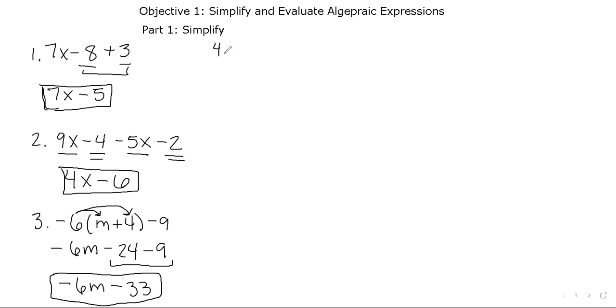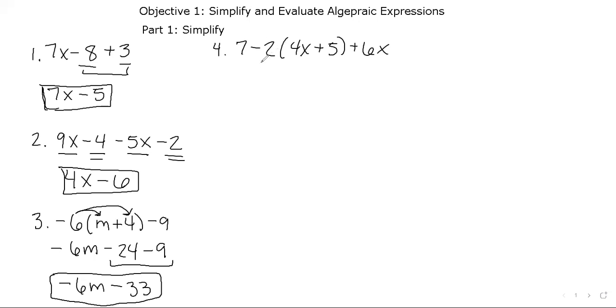Let's move on to number 4. We have 7 minus 2 times 4x plus 5 plus 6x. So each example is going to expand to make sure we understand what's going on.